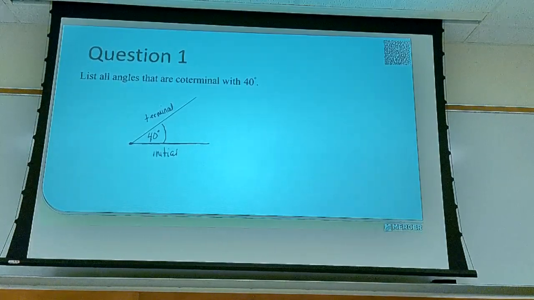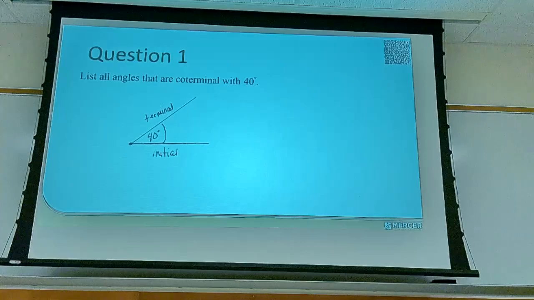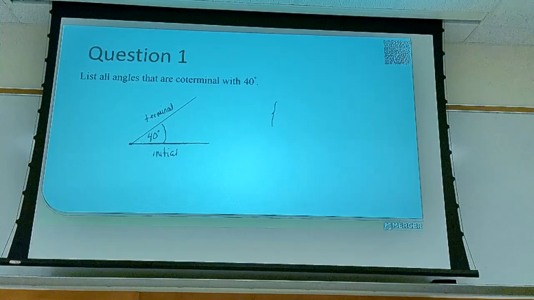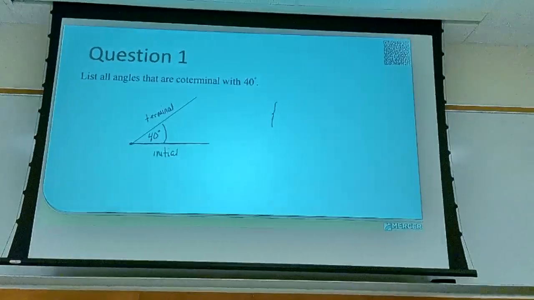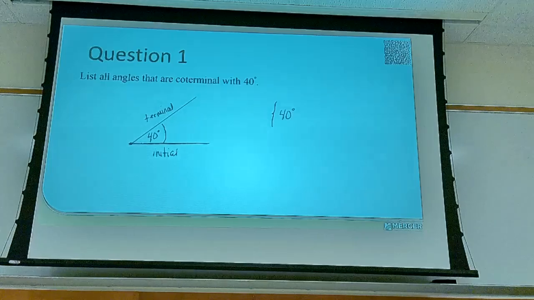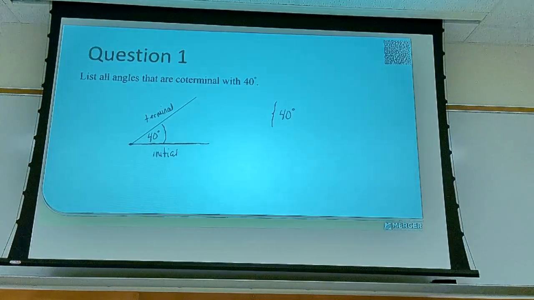I want to call it a coterminal angle, so it'd be like 400. Listing out every coterminal angle is not possible because there's an infinite number of them, but we describe what they would be.